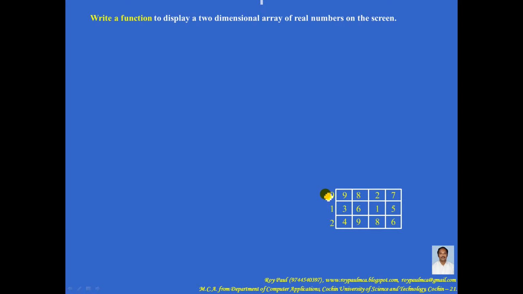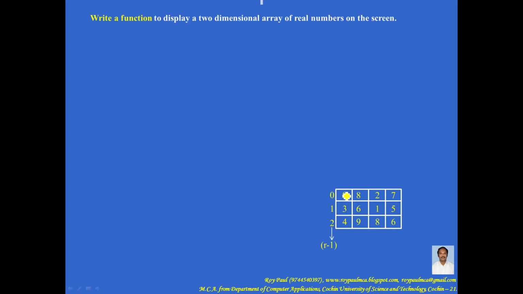So the 0 is known as the lower bound of the row, and this 2 is the upper bound of the row. In C++, the lower bound is 0 and the upper bound is the number of rows minus 1. Here 3 rows are there, so the upper bound is 3 minus 1. In general, if r rows are there, the upper bound will be r minus 1.